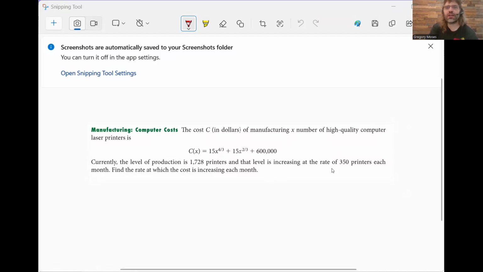That is increasing at a rate of 350 printers per month. So x depends on time, and furthermore, the derivative we want is a derivative of time. We want to find the rate at which the cost is increasing per month.